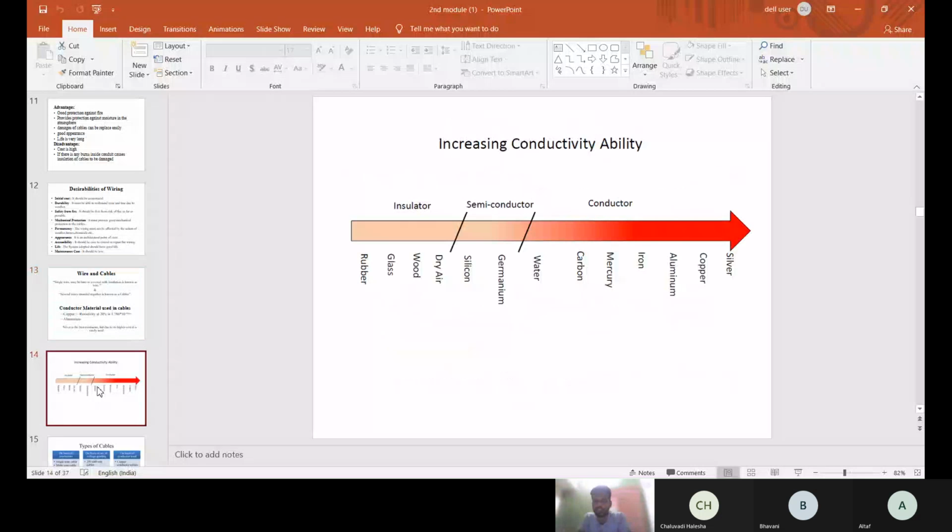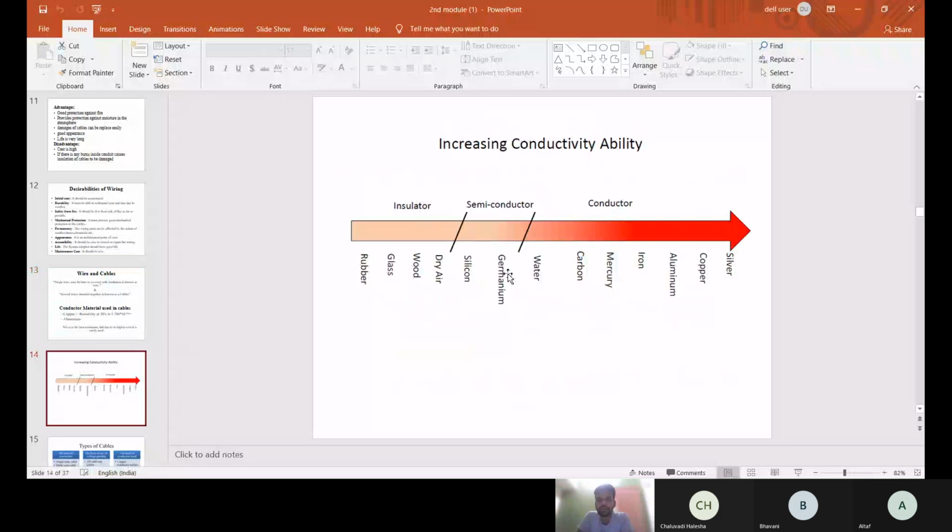This shows how conductivity varies across different devices and appliances. Rubber is a very good insulator, but not a conductor. This arrow mark shows the insulating, semiconducting, and conducting natures. So rubber is a good insulator. Glass, wood, and dry air come under good insulators.